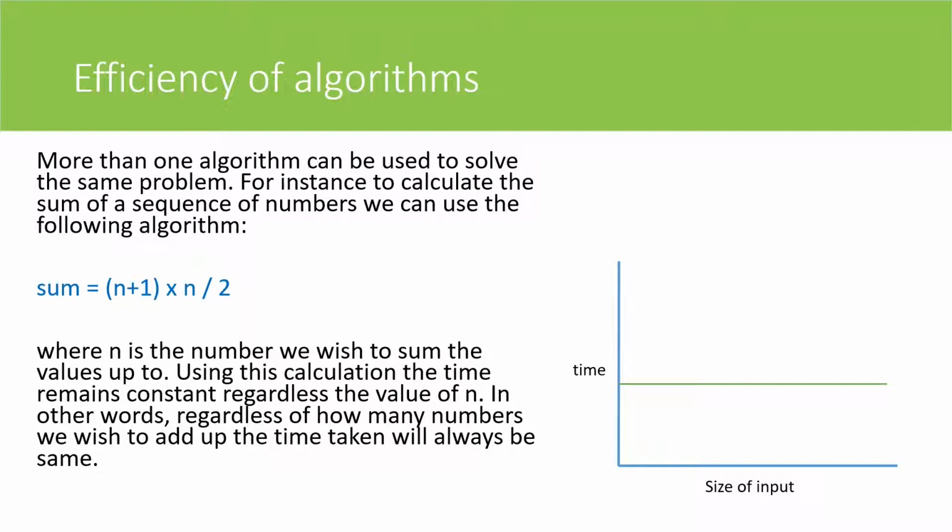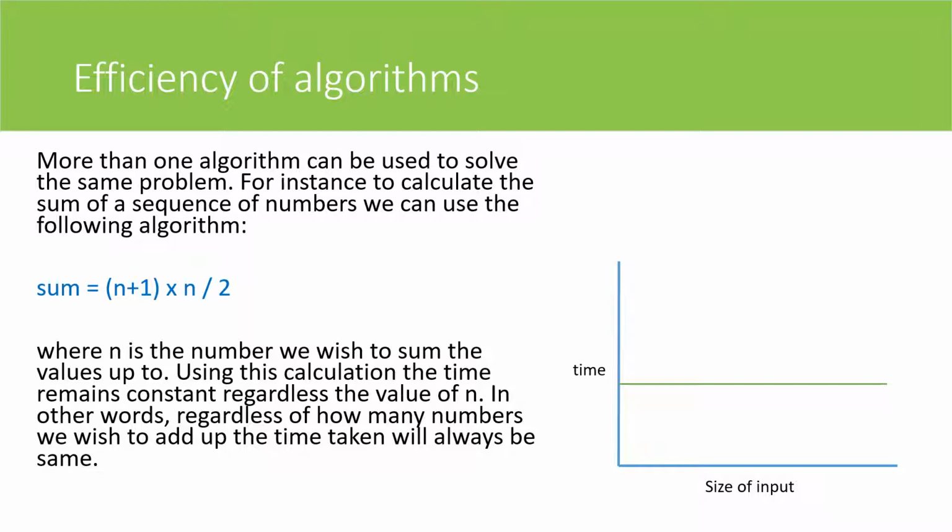Another consideration when developing algorithms is that we want to make them as efficient as possible. Quite often, more than one algorithm can be used to solve the same problem. In this example, we're trying to calculate the sum of a sequence of numbers. We could use the following equation here. Here, n is the number that we wish to count up to.